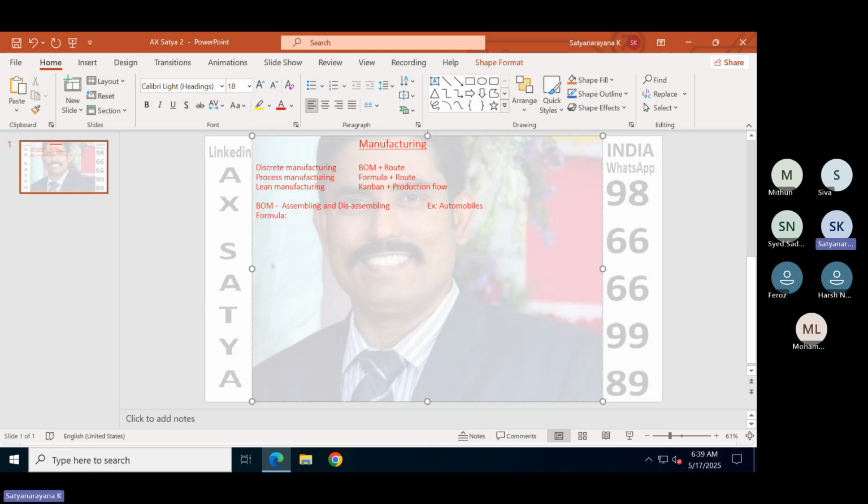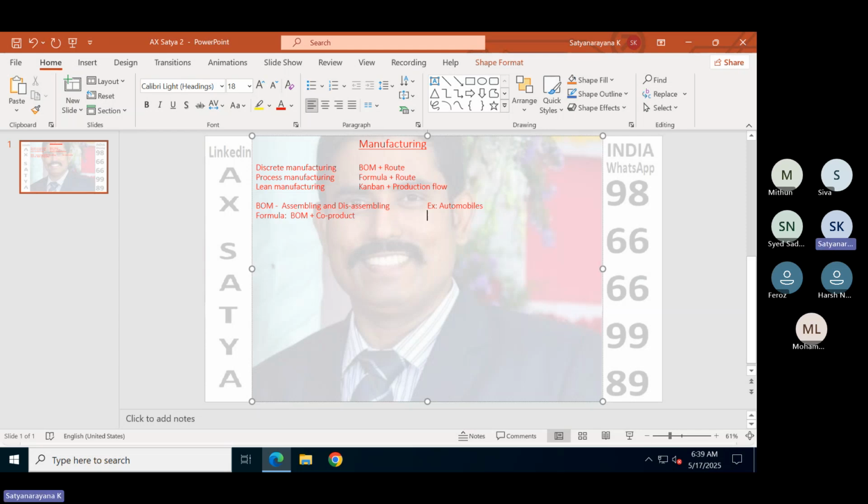Process manufacturing, or formula, means it will have BOM plus co-product functionality. The advantage in terms of functionality is that co-product functionality is available. What do I mean? I will explain.